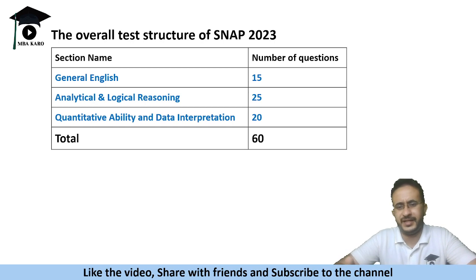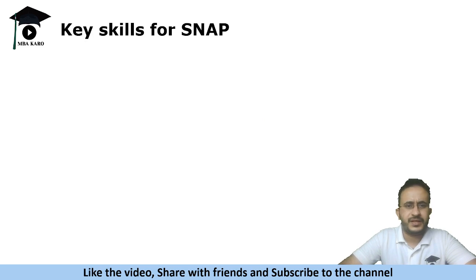You do not get any RC in SNAP, so you can finish the English section very fast, let's say within 7 to 8 minutes easily, and can dedicate the rest of the time to attempting the two sections, logical reasoning and quant. Now, what are some of the key things?